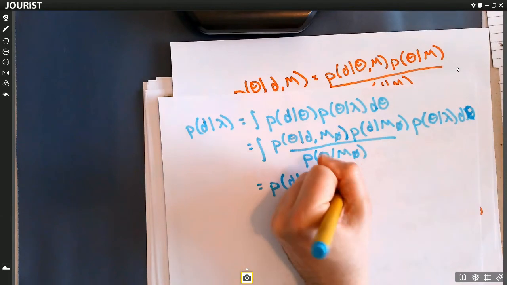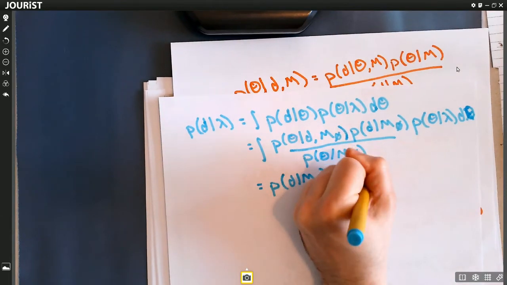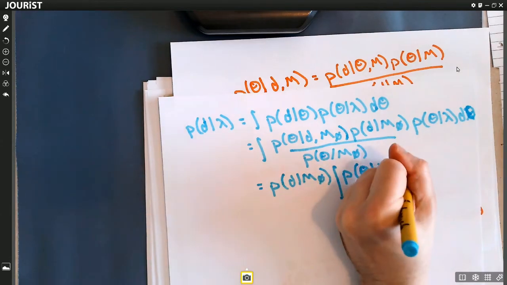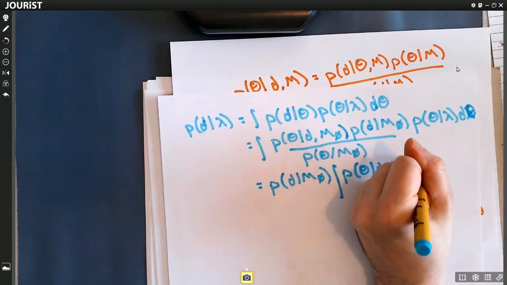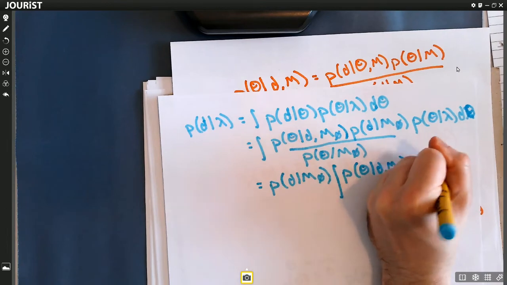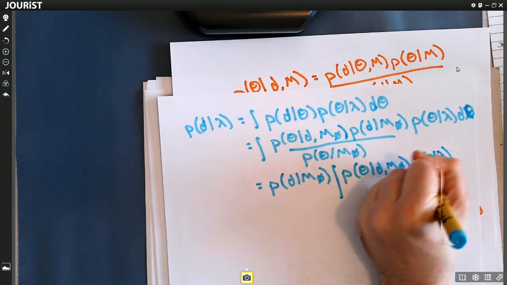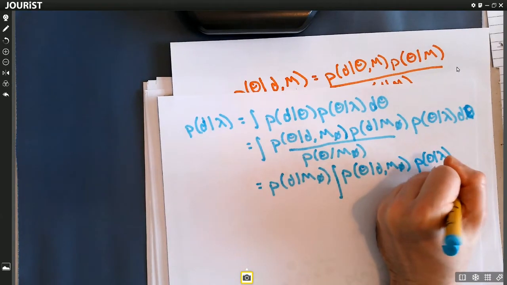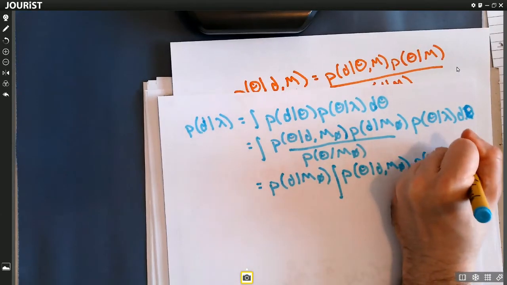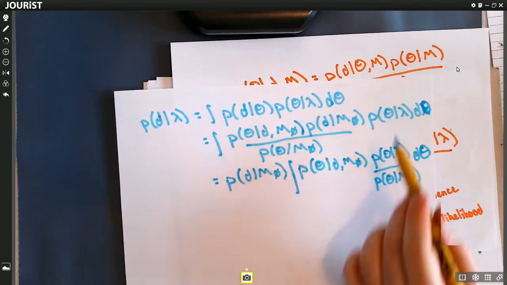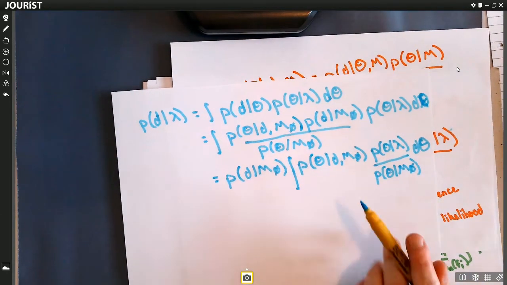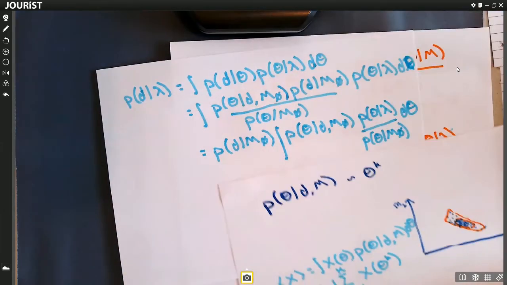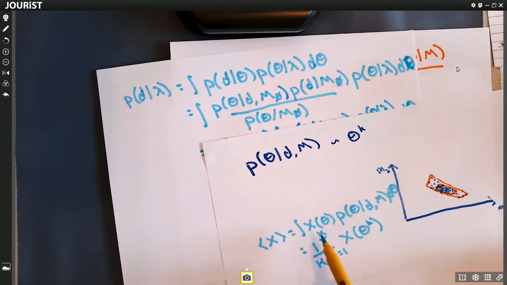Let's write our posterior here, and then we have the thing we're multiplying by, which is the ratio of priors. So it's this prior divided by this prior. That's what we have.